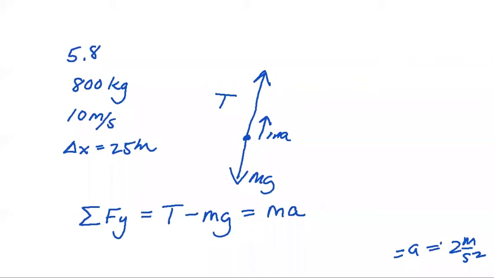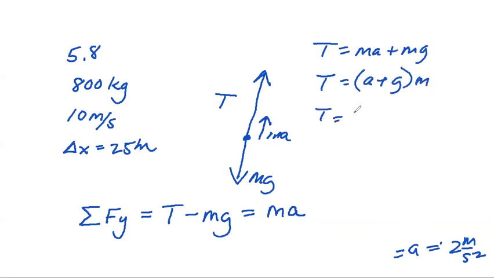Okay, now we just solve for T. So from this expression, T equals MA plus MG. It'll be easier to just do A plus G times M. T equals 800 kg times 2 meters per second squared plus 9.8 meters per second squared.